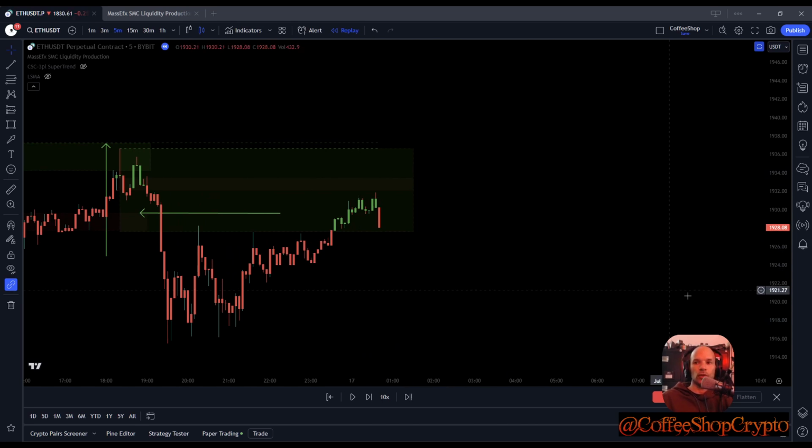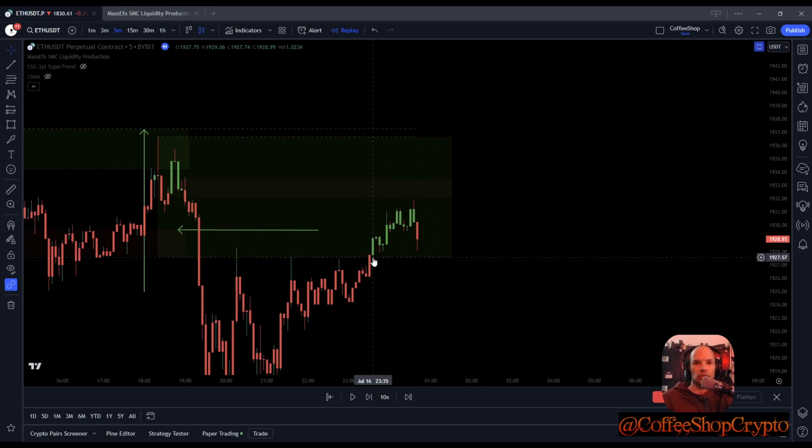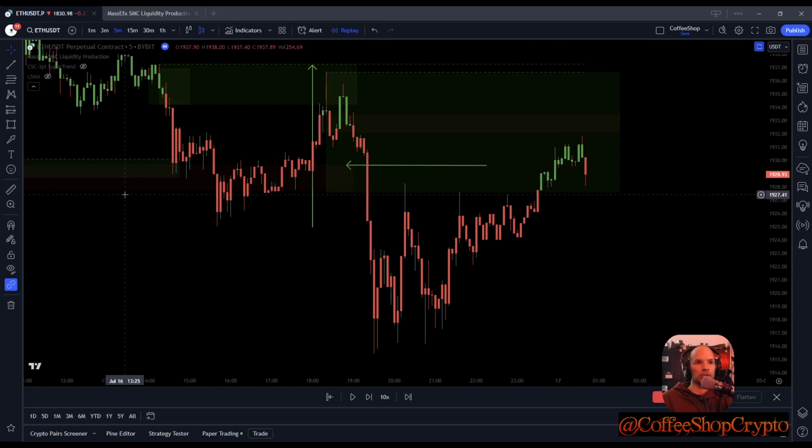Now, you've broken nicely into this bullish resistance area. That's why I colored it green. It is bullish resistance. Price will always come up to it and start seeing lots of resistance. So it's bullish resistance, bearish support.